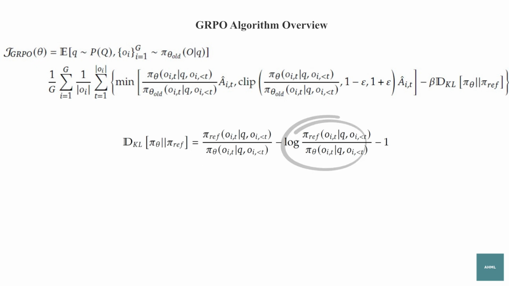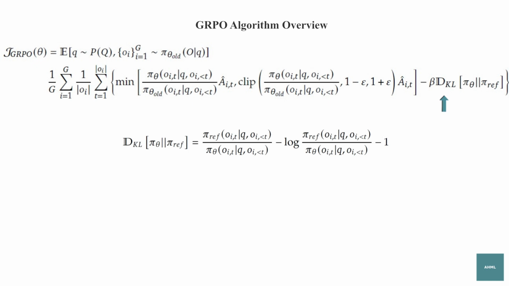The logarithmic term ensures that large differences are penalized logarithmically, meaning small deviations are tolerated, but large deviations lead to stronger penalties. Lastly, subtracting 1 normalizes the KL divergence to prevent it from being unnecessarily large.